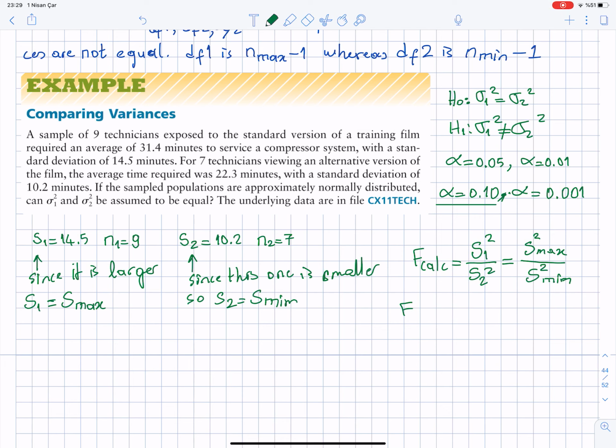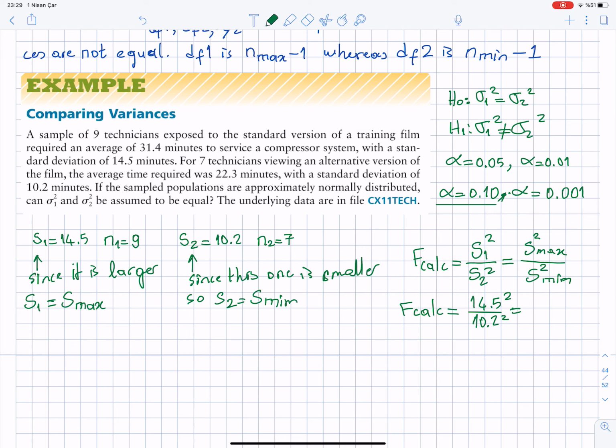Calculated statistic is 14.5 square divided by 10.2 square.